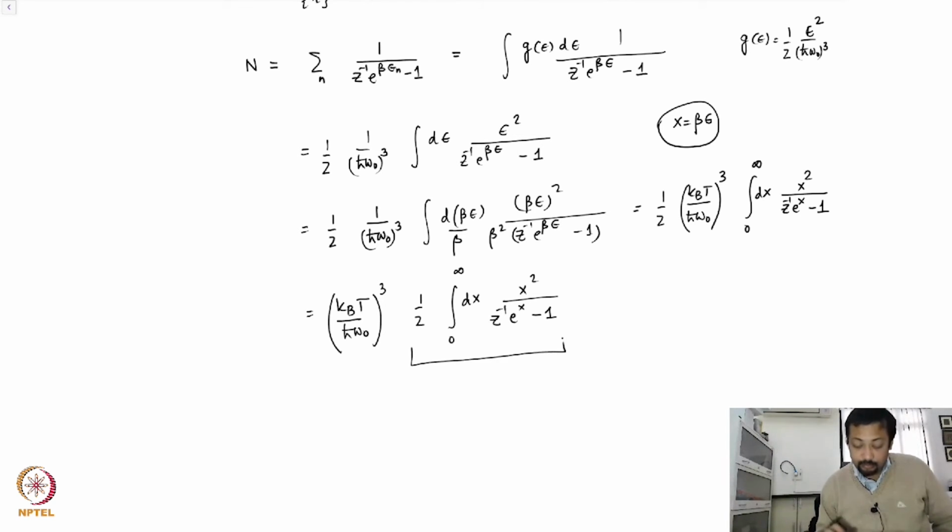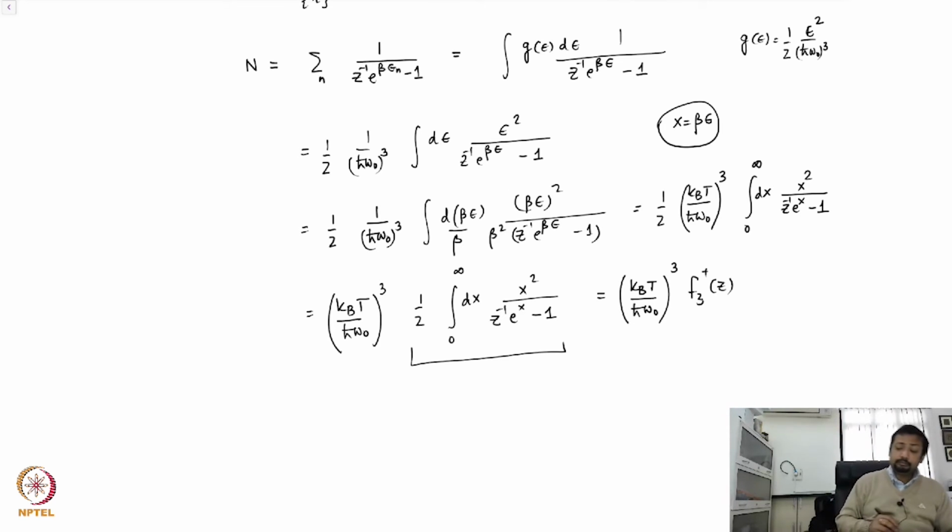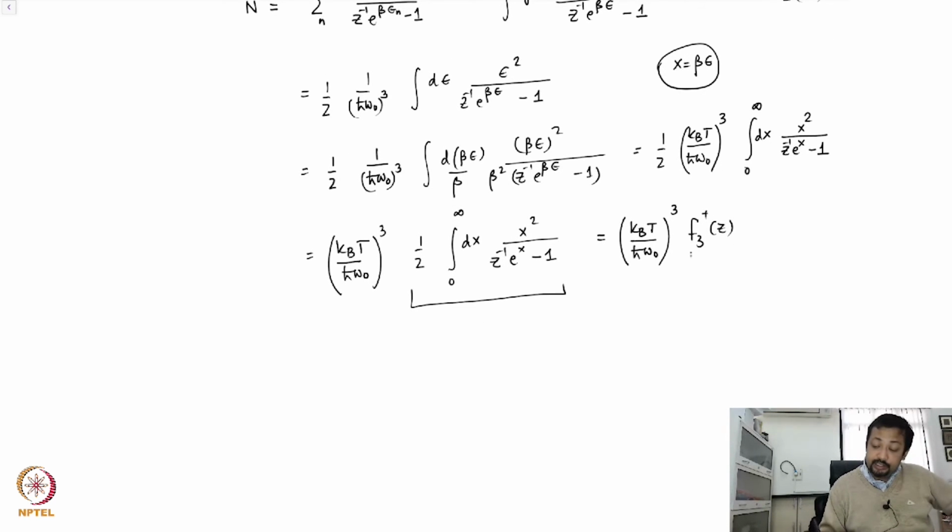But this form of the integral is very familiar to me, so I know that this is going to be (k_BT/ħω₀)³ f₃⁺(z), right? Now clearly, as you decrease the temperature, your z also changes. So you hit upon the limit where this function will have a limiting value.